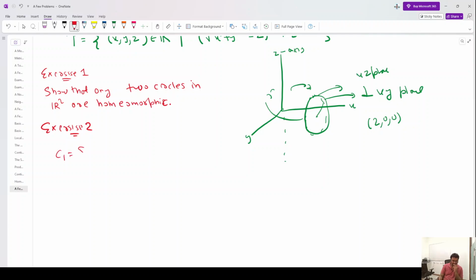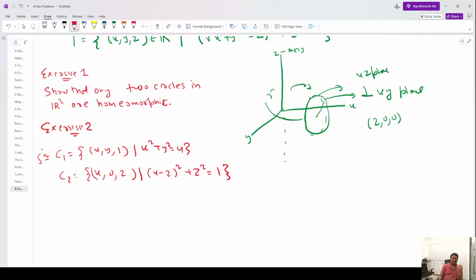Let us take two circles, x square plus y square is equal to 4, and maybe in the XZ plane, since I'm revolving around it. So this will be homeomorphic to S1. This will also be homeomorphic to the unit circle S1 by the above exercise.